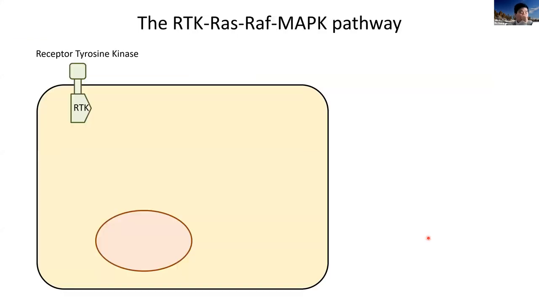This is when we're studying the oncogenic mutations involved in the receptor tyrosine kinase RAS-RAF MAP kinase signaling pathway, a collaboration between our lab and the Trever Bivona lab at UCSF.